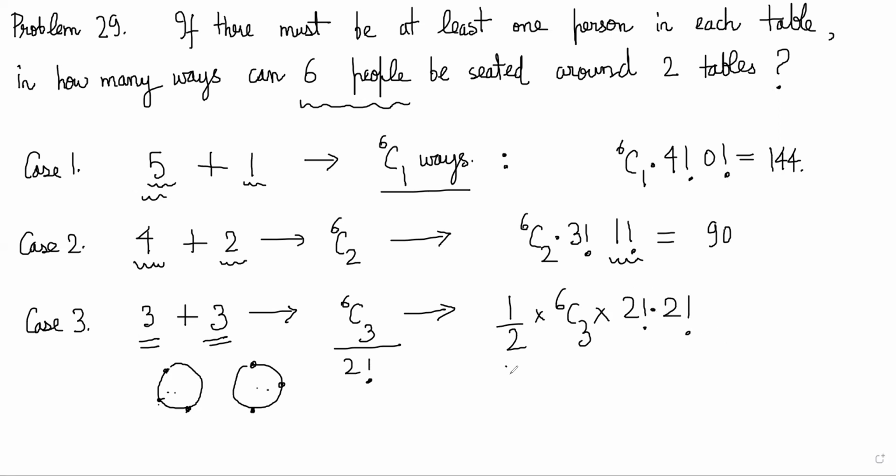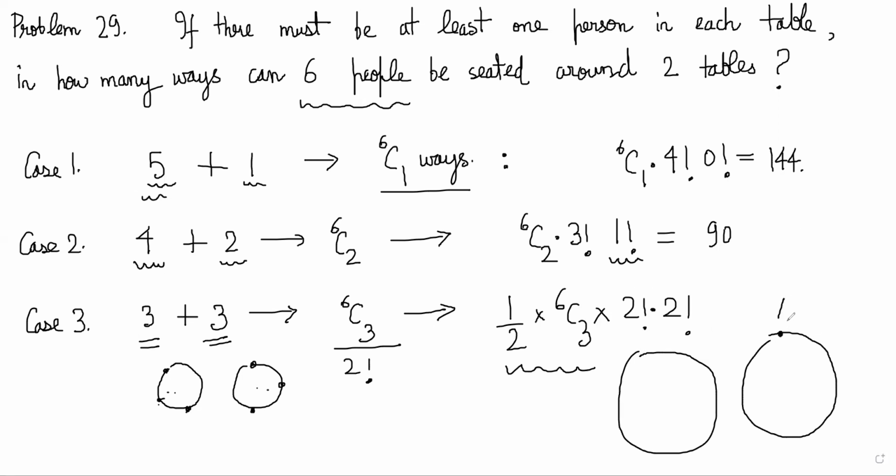If you're not convinced by this, you need to take examples. For example, if I take 2 tables and I have 6 people, A, B, C, D, E, F, then instead of having 6C3 or 20 ways, actually there will be only 10 ways to group them into groups of 3 and 3.